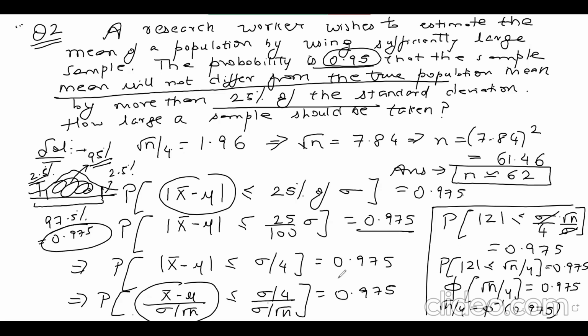That is why I am using 0.975. So instead of writing 0.95, I think it's better to write 0.975. Because the Z tables I use, which are the Devore Z tables, will give you the Z value such that you have all the area to the left of it. And all the area to the left of this particular Z value is 95 plus 2.5, which is 97.5.